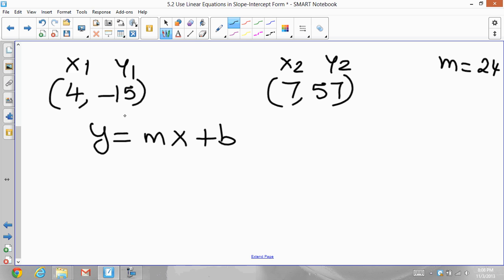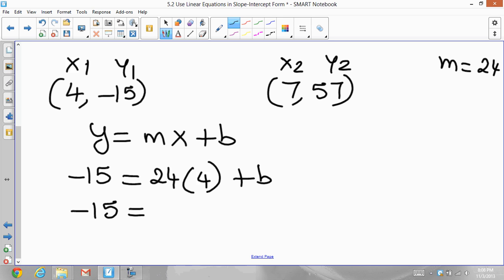And I'm going to take my y value to be negative 15, my m to be 24, which is what I got, and my x value to be 4. Remember, mx means m times x, so 24 times 4 plus b. Now this is your one-step equation. Negative 15 is equal to 96 plus b. Solve, minus 96 on both sides.